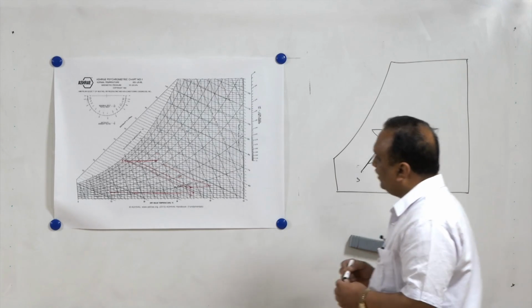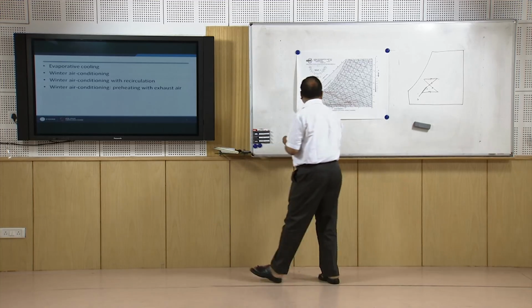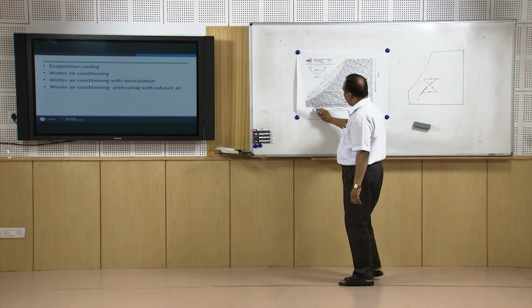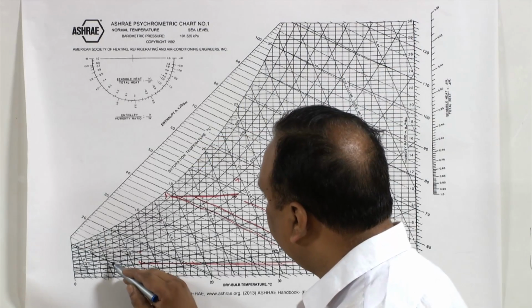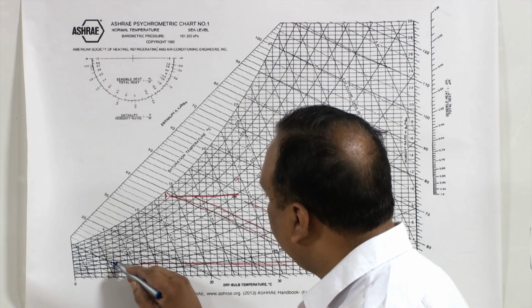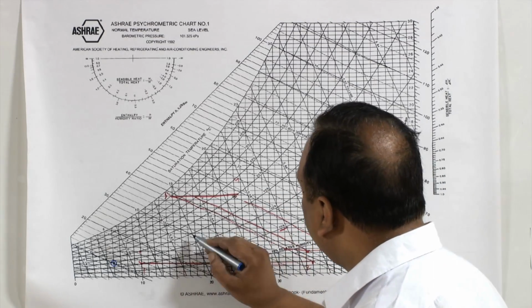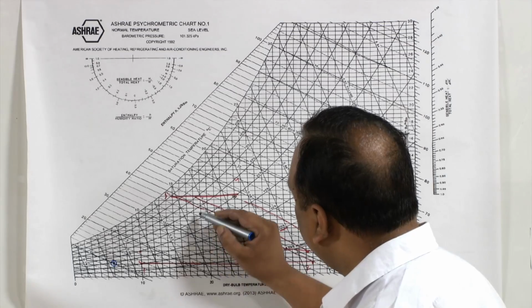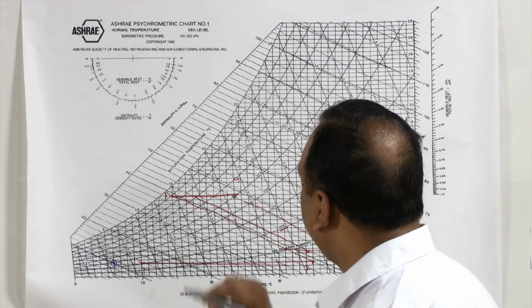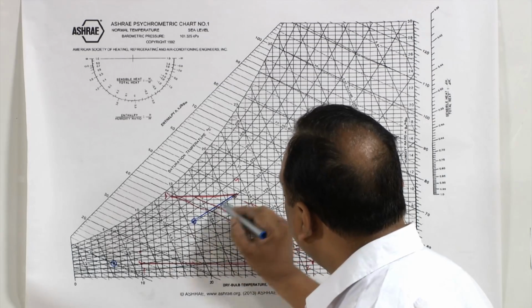Now, if we want to display this process on psychrometric chart, let us assume outside air is at 6 degree centigrade. So, 6 degree centigrade air is mixed with the exhaust air. Suppose exhaust air is available at 18 degree centigrade and 50% relative humidity. So, this is the load line.